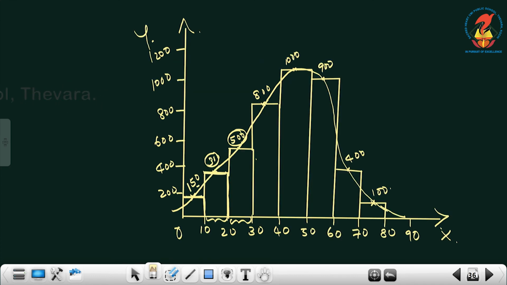So, I have constructed the histogram, and after that the midpoints of each bar are marked. After that, what is done here is, using the hand, I have just connected these points and made a curve. This is known as a frequency curve.